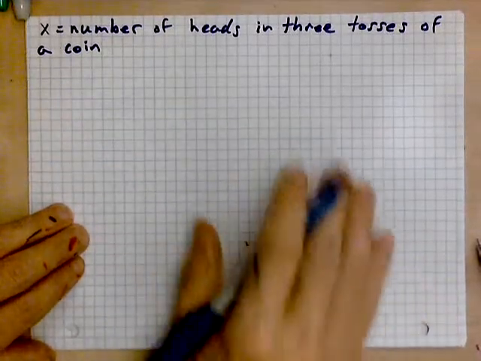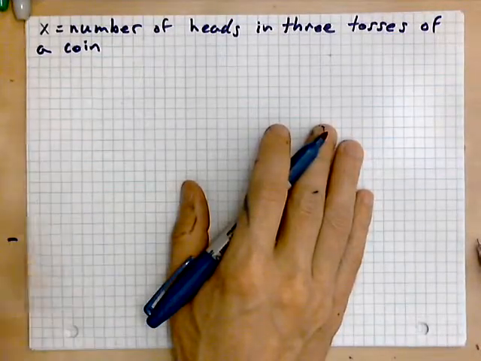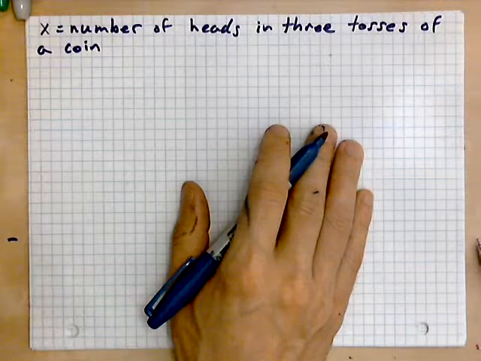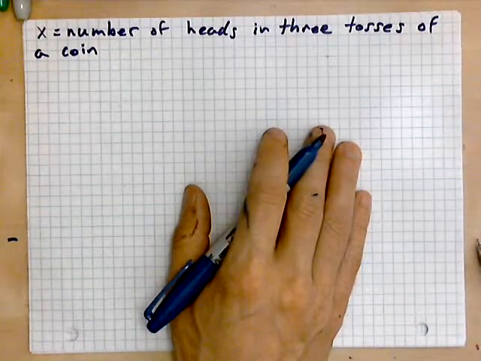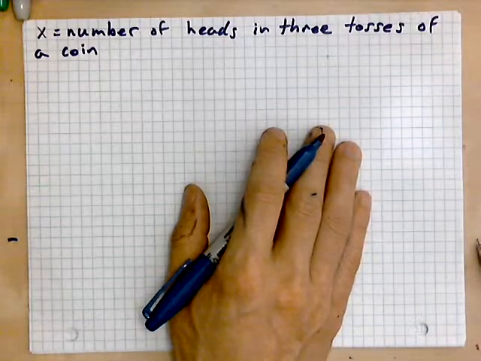So x, our variable, is the number of heads in 3 tosses of a coin, and the question to be answered is derive the probability function.